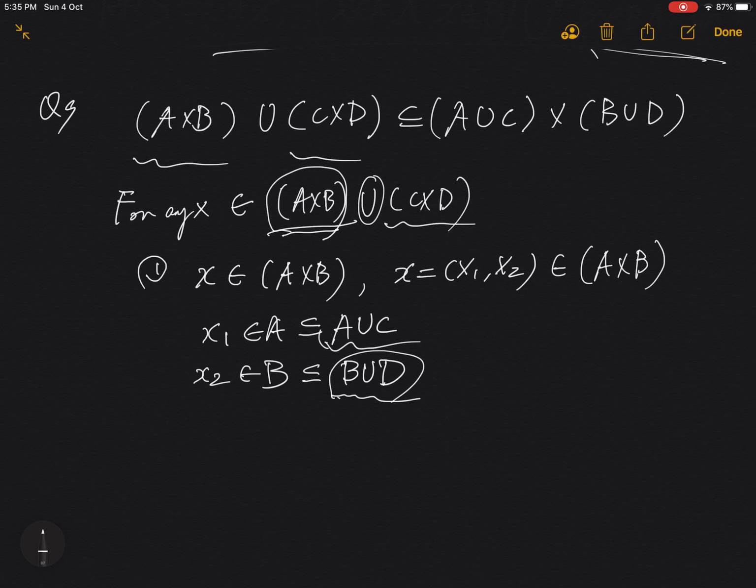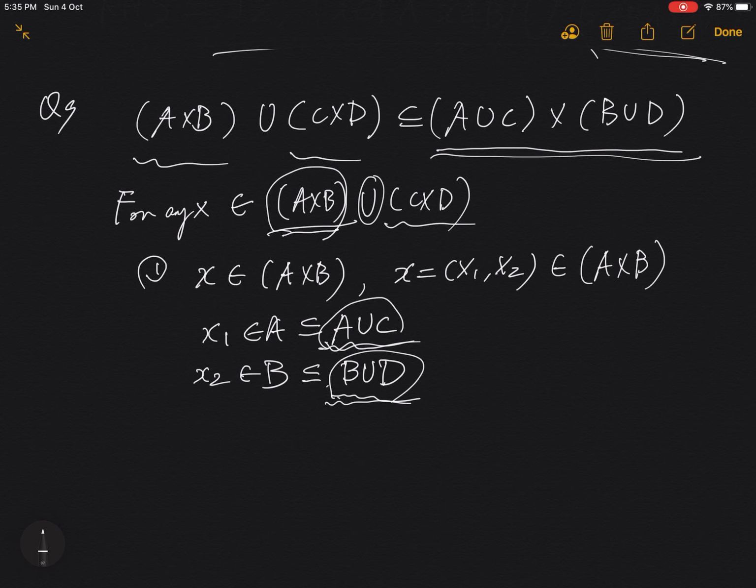How to think about this, how to reach here, is that we always need to make a relationship or just generate a link between the left hand side and the right hand side, right? So if we have this x1 is in A, x2 is in B, it's still a little bit different from what we got on the right hand side.